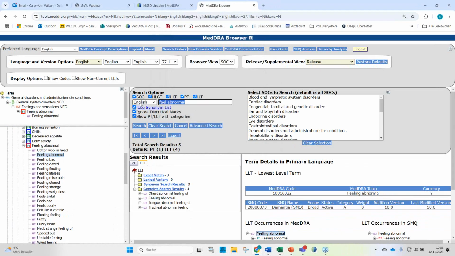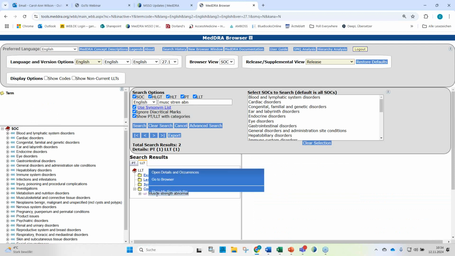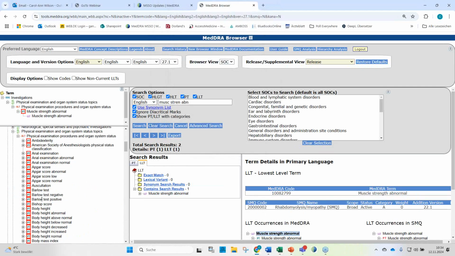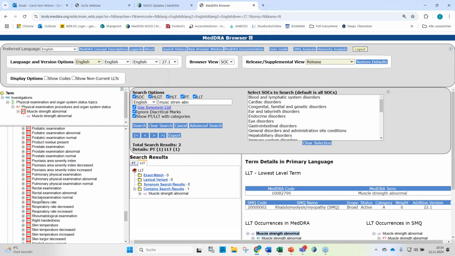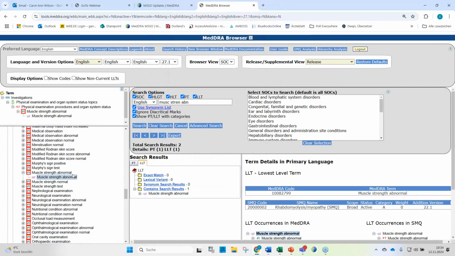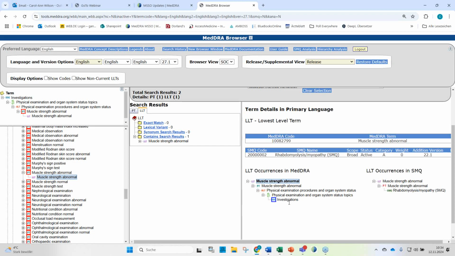Muscle strength abnormal was another one. Here we are. Let's see the hierarchy. Go to browser where this LLT is located. So this is considered an investigational result. It is grouped in SOC investigations, as you can see here. Muscle strength abnormal, and no investigational result was reported here.